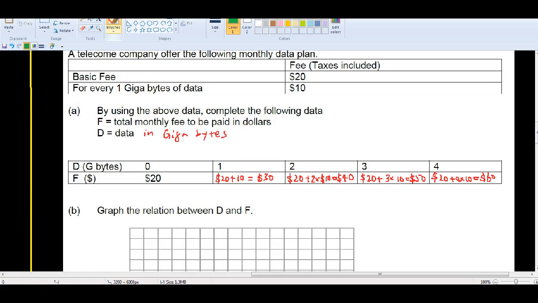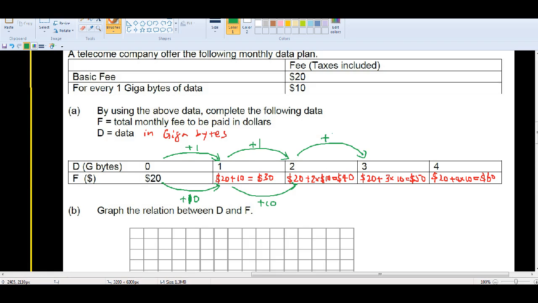We might have a try. We need to check whether this is the case. From 0 to 1, plus 1; from $20 to $30, plus $10. From 1 to 2, plus 1 again; from 30 to 40, plus 10 again.